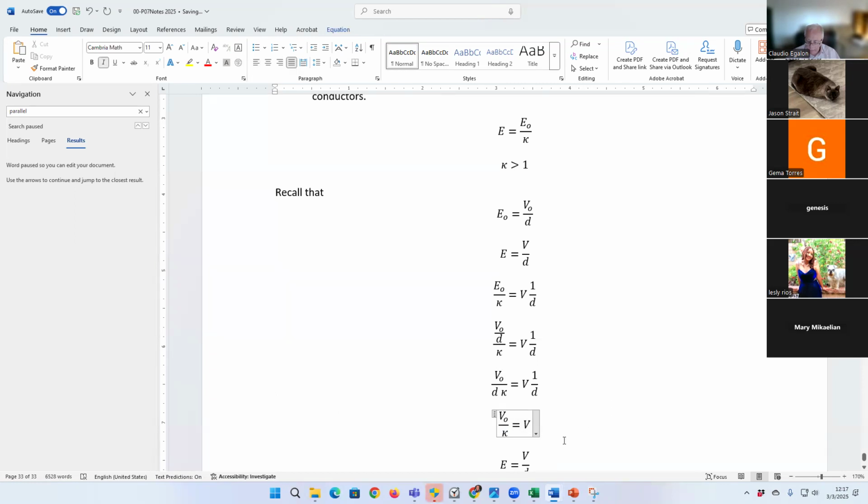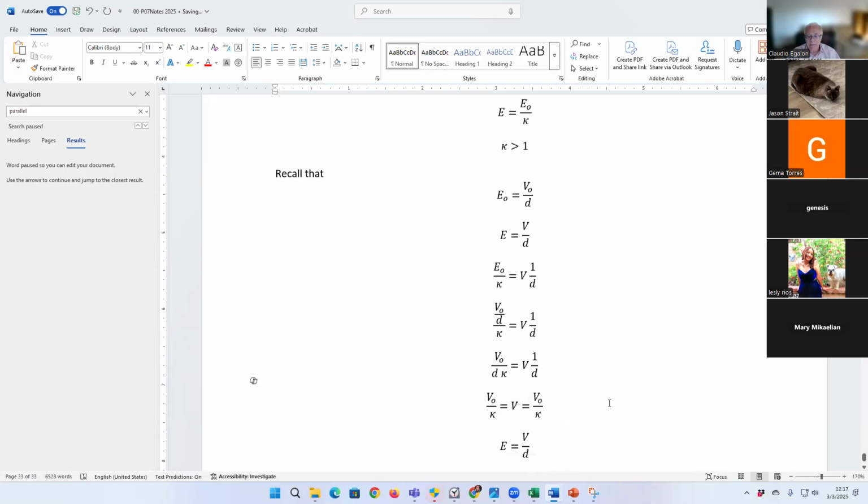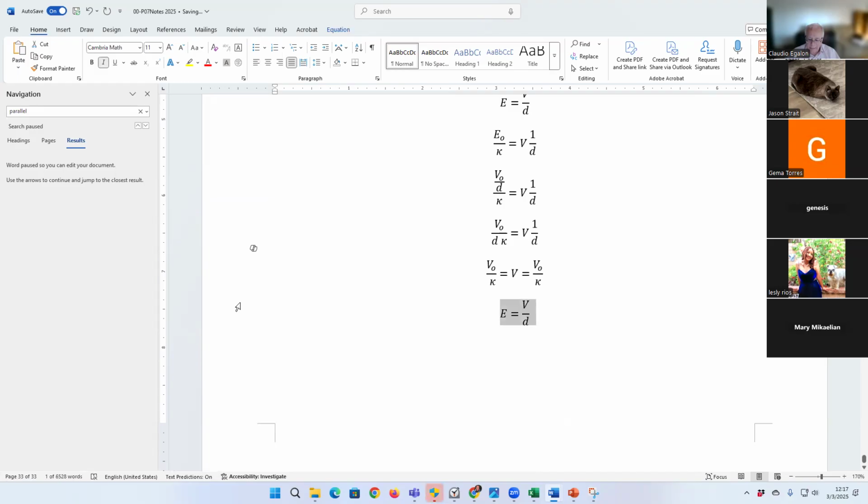My new V is going to be V naught divided by kappa. So not only does the electric field decrease by a factor kappa, the electric potential also decreases. Okay, conclusion.